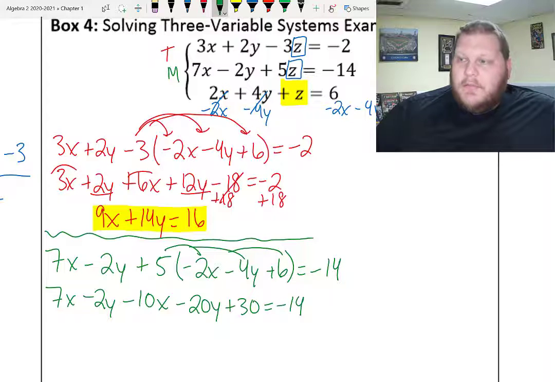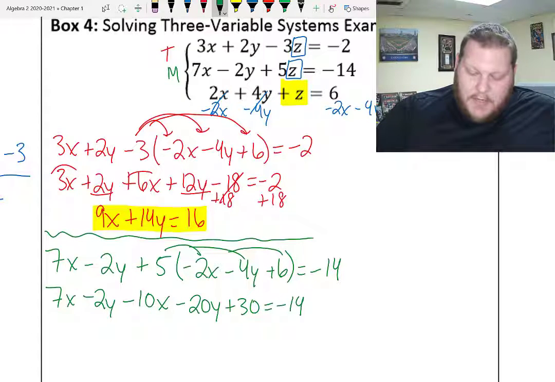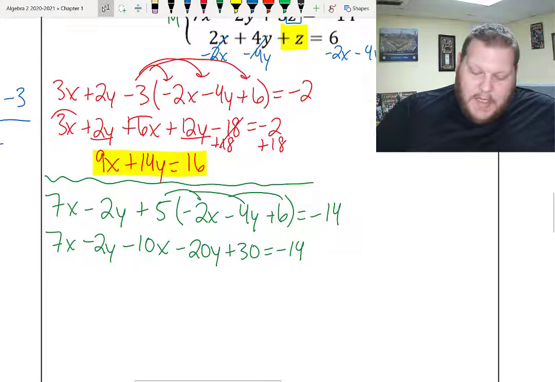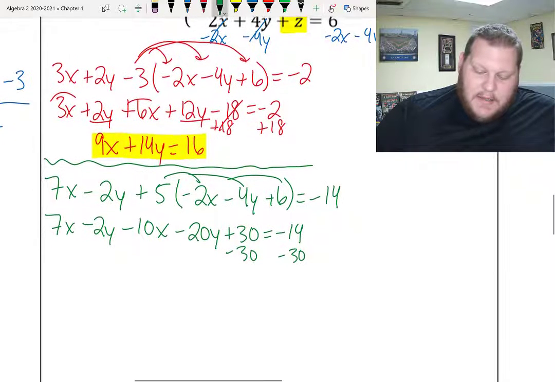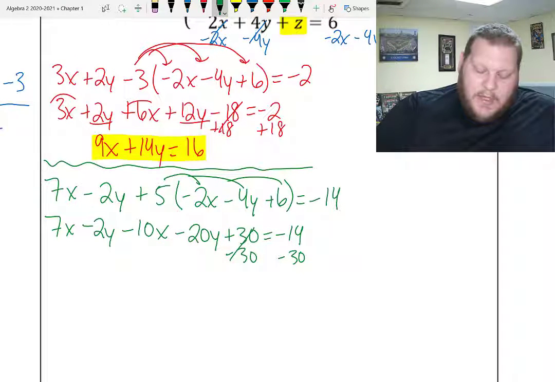From here, I'm going to do the same thing I did before. I'm going to subtract my 30 to move it over, and then collect up my x's and y's together. So in total I've got negative 3x, negative 22y, and negative 44.